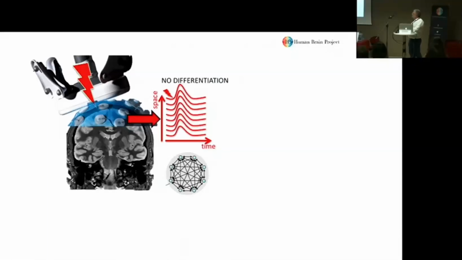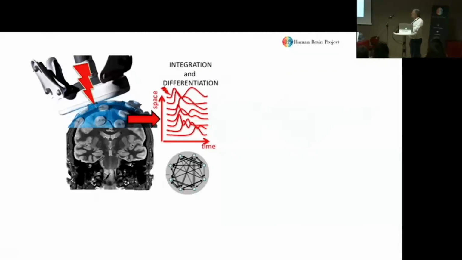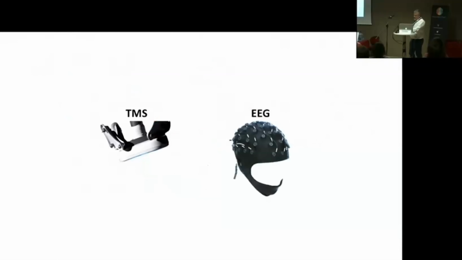On the other hand, you can have no differentiation, so you have a fully integrated system but with very homogeneous connections, and you basically have a simple and widespread response. Also in this case, PCI is low. In the third case, when the system is both differentiated and integrated, responses are different across different measuring channels, and this will produce high PCI.